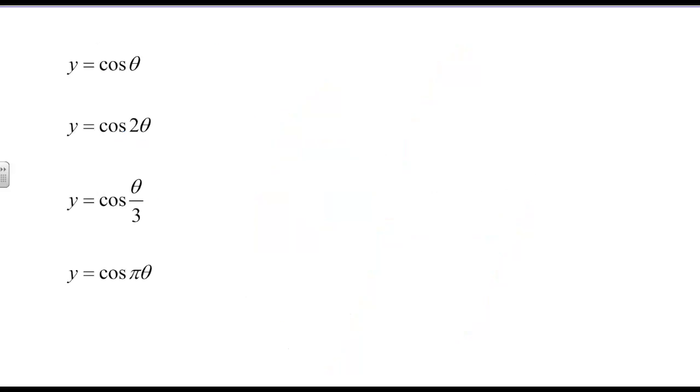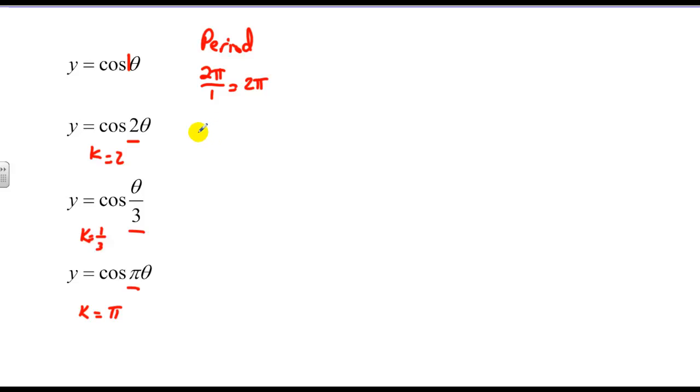Okay, now we're going to mess with our period change, and you'll notice in each of these we have a k value. In this case, k is equal to 2. In this case, k is equal to 1/3. And in this case, k is equal to pi. So we're going to calculate the periods in all of these. In the first problem, k is 1, so our period calculation is 2 pi over 1, or 2 pi.